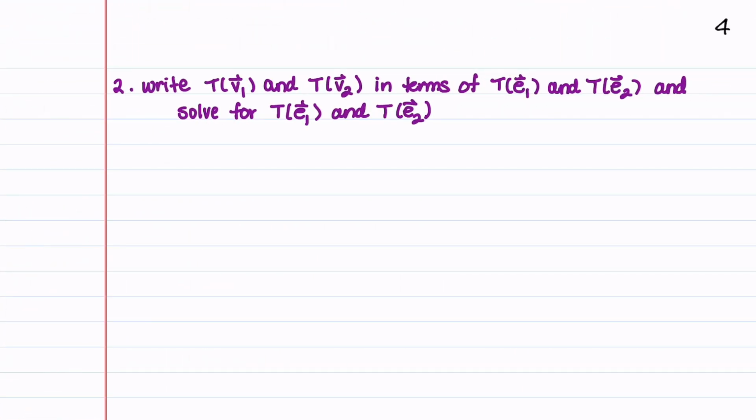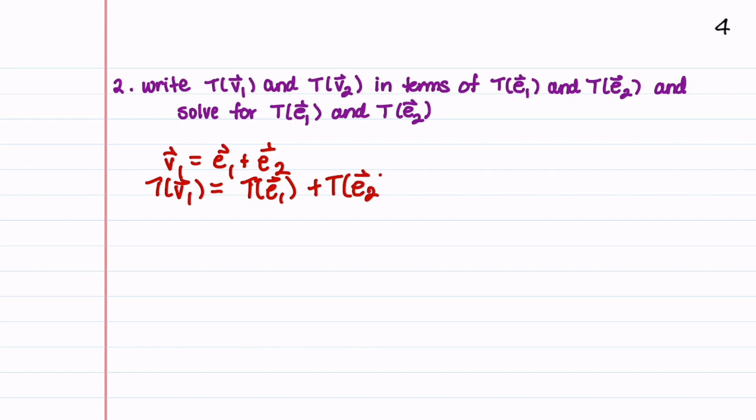The second step is that we're going to write T of v1 and T of v2 in terms of T of e1 and T of e2, and then we're going to solve for T of e1 and T of e2, and that way we can find A. We're going to write v1 as e1 plus e2. That's what we found on the previous page. And we're going to take the transformation of that vector. So T of v1 is going to be T of e1 plus T of e2.